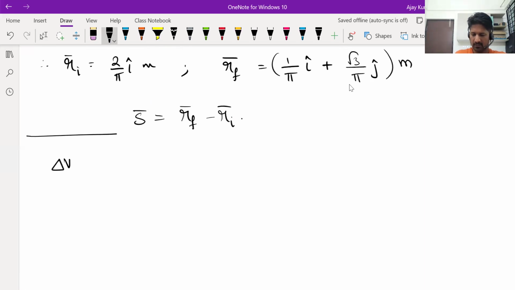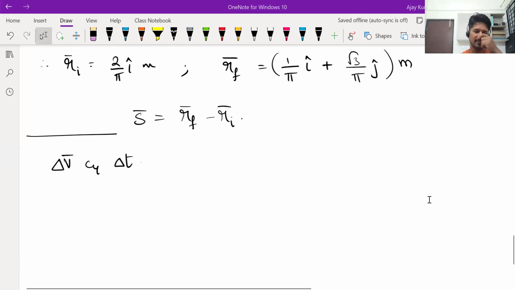That means delta V and delta T. What can be calculated? Is there any formula relating these? Sir, displacement.